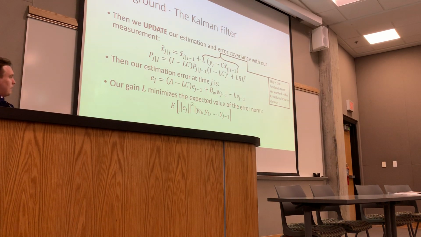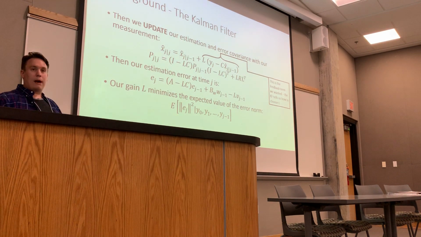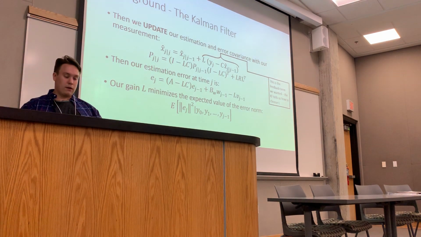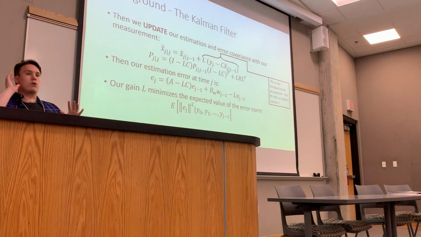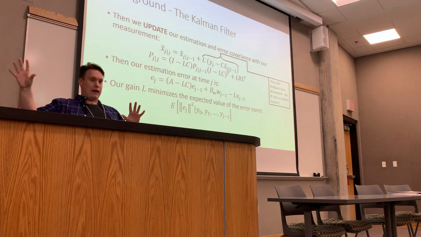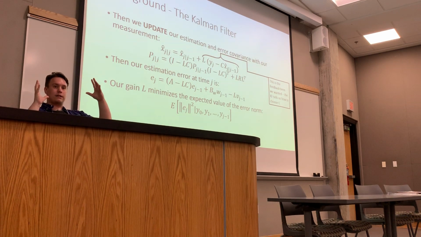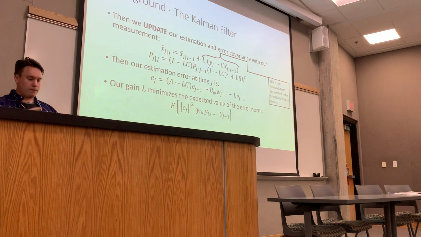So we construct this feedback term here on the right, L times y minus C x j given j minus 1. That is essentially telling us we're going to be looking in this direction, this y j minus C x j given j minus 1. We're going to move our estimate in that direction, and L is going to tell us how far we're going to move it.